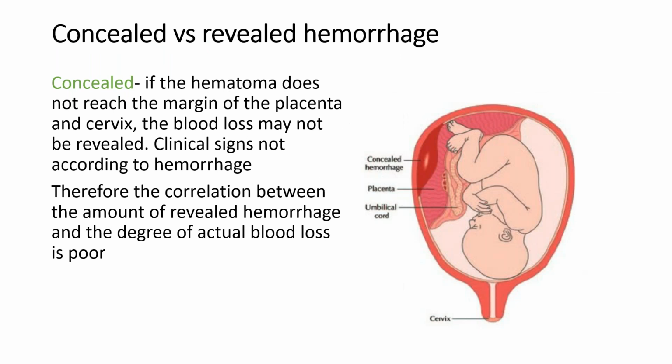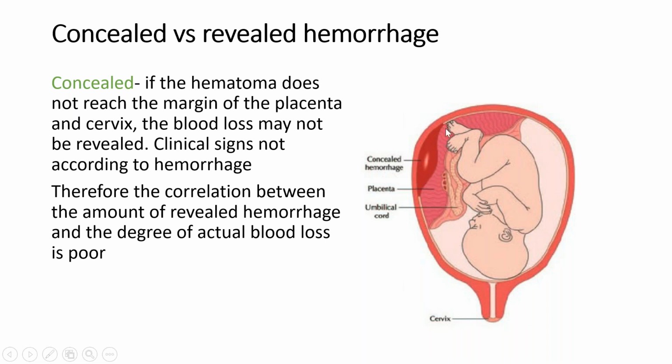Basically, when we see the presenting complaints of the mother, it can be a concealed or a revealed abruption. Concealed is when, as you can see in this picture, there is abruption or hematoma formation behind the placenta, which is increasing, but it is not revealed.